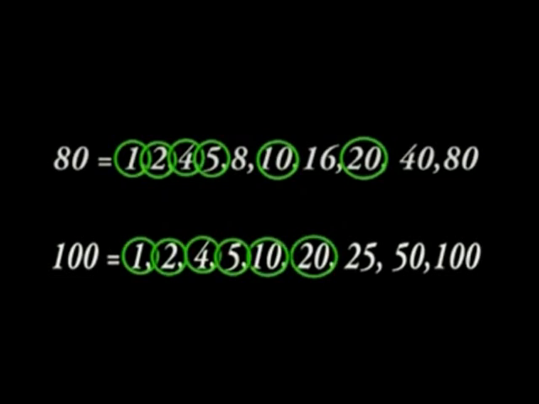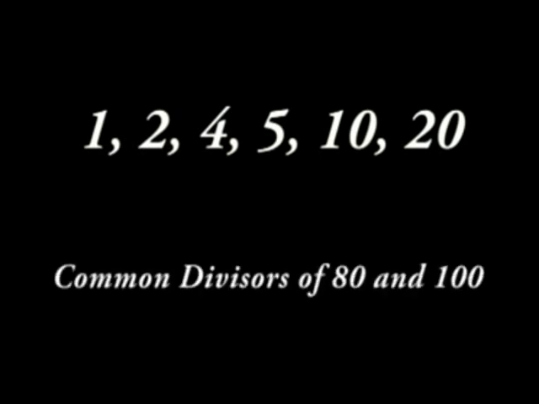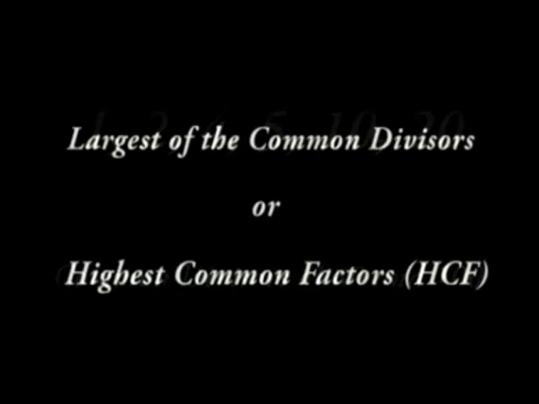We therefore say that 1, 2, 4, 5, 10, and 20 are common divisors of 80 and 100. The GCD, just as the name suggests, is the largest of the common divisors. It is also called highest common factor, abbreviated as HCF. The GCD of 80 and 100 is therefore 20.